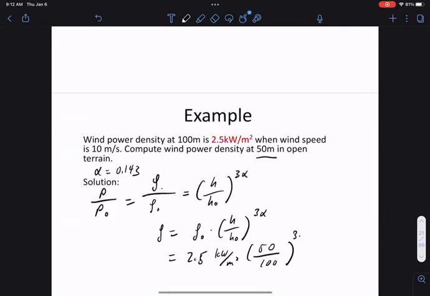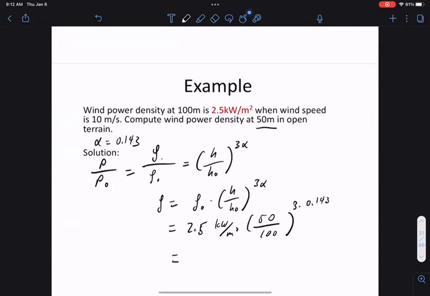Then this is 3 times alpha, 3 times 143. Compute this, you get about 1.86 kilowatt per meter squared. So this is a typical calculation you do in the field. You measure at either 50 or at 100, then you can look at the speed at different elevations.